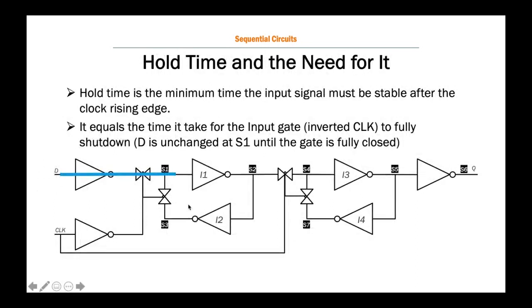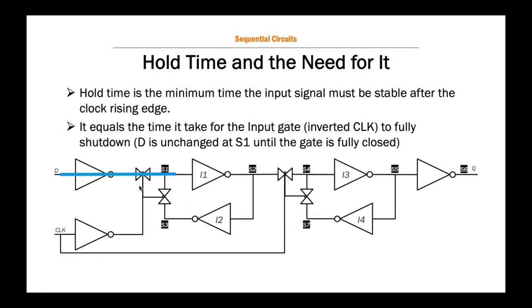That's why we said D needs to be stable for some time until this is completely closed. The difference between the clock, one open and one closed, is what is causing that risk.